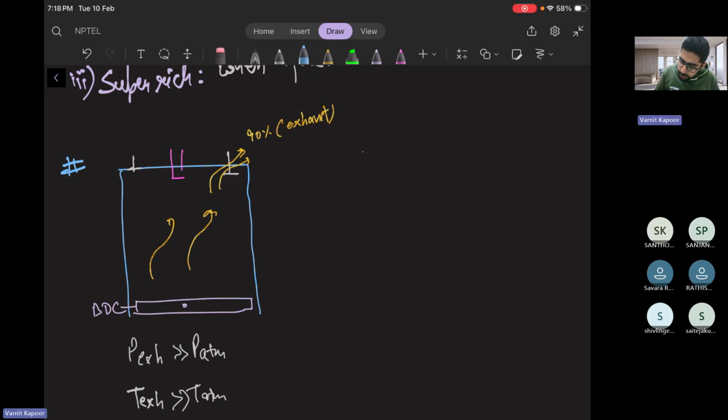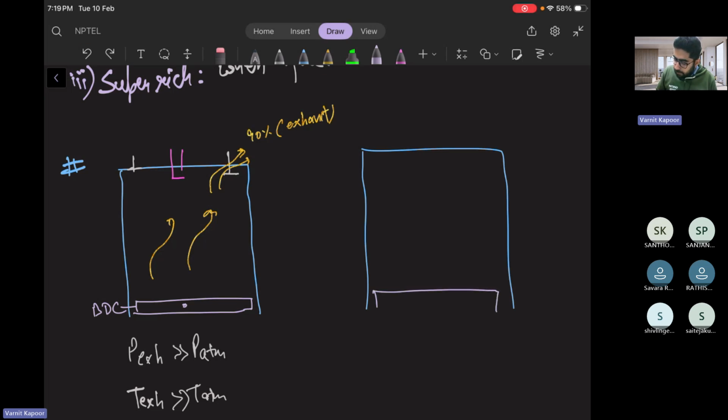Let me write it like this. As soon as the exhaust stroke starts, the valve is still open. The remaining 10% will go out during the exhaust stroke.